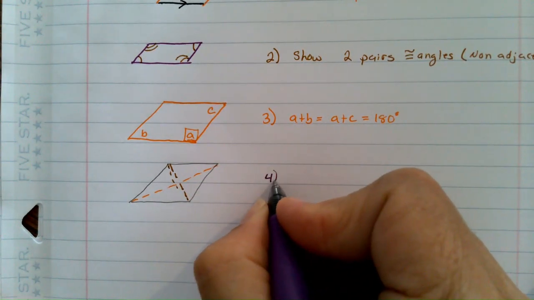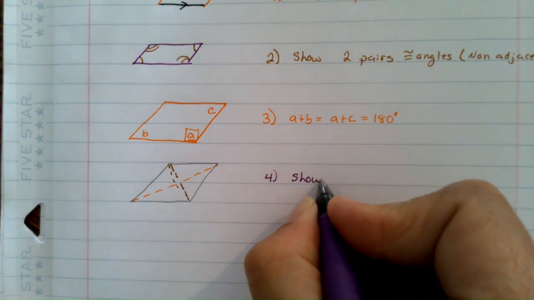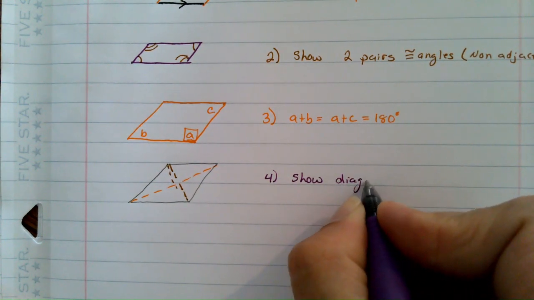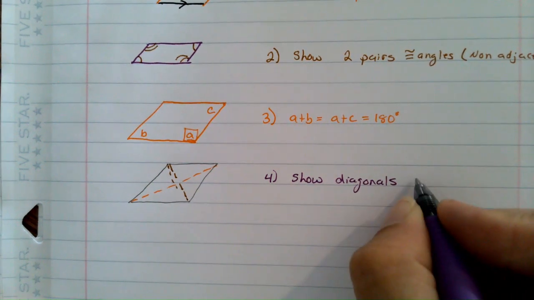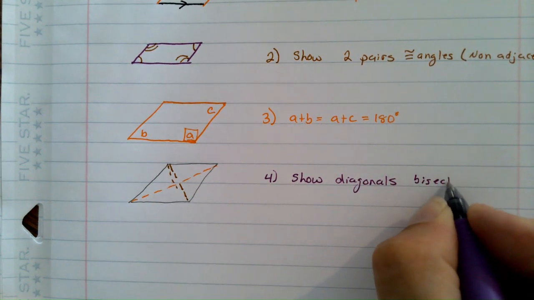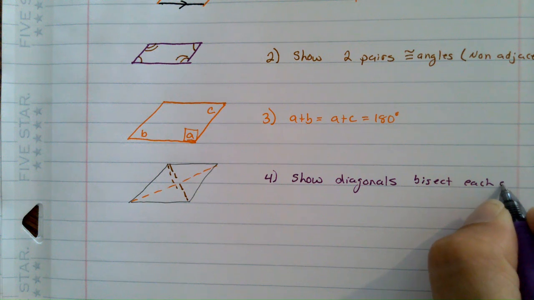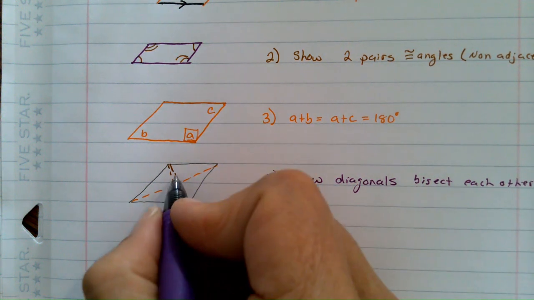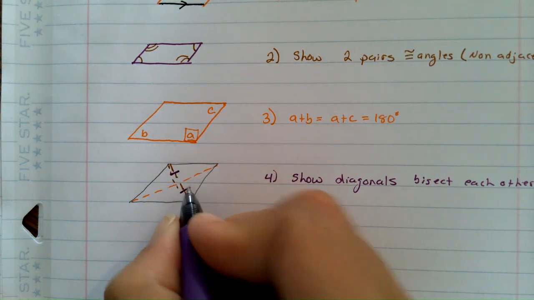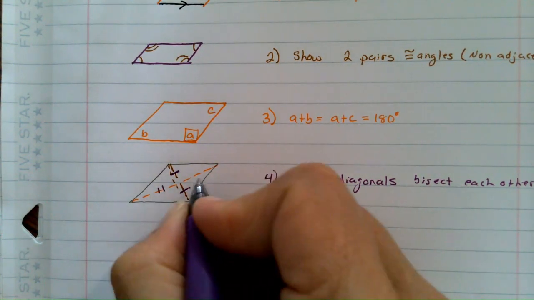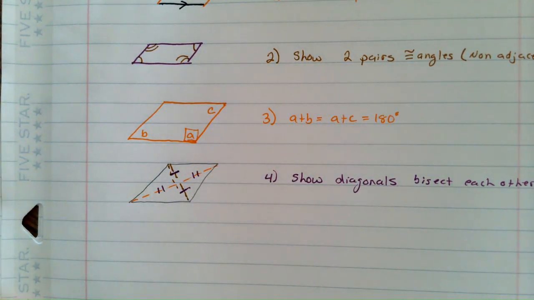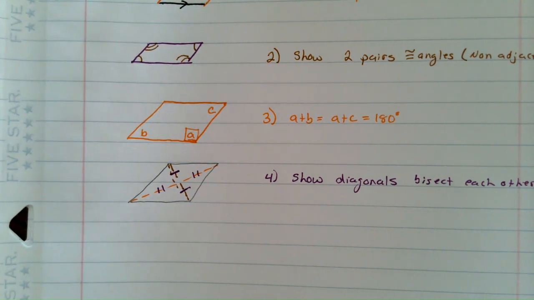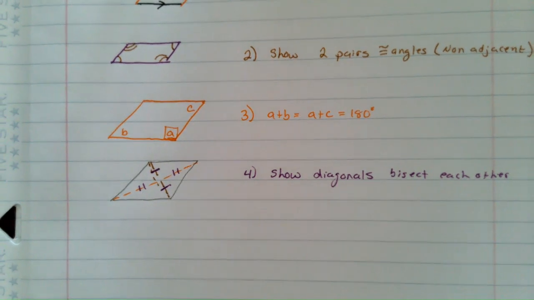Option 4, you could show or prove that the diagonals bisect each other. In other words, this top half and this bottom half are congruent. This left side and this right side are congruent. So you'd have to show both of those things, which means you would need to know the length of the 4 lines somehow, some way.